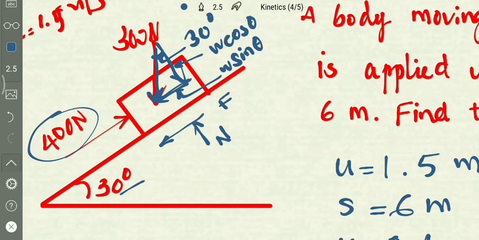Opposite to theta is W sin theta, and adjacent to the 30 degrees is W cos theta. There will be a normal reaction perpendicular to the surface and a frictional force acting downwards, because the body is moving upwards, so the frictional force will be downwards.